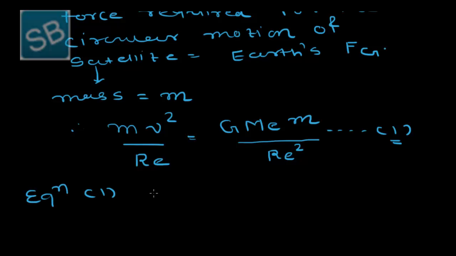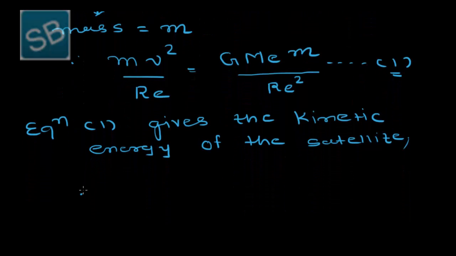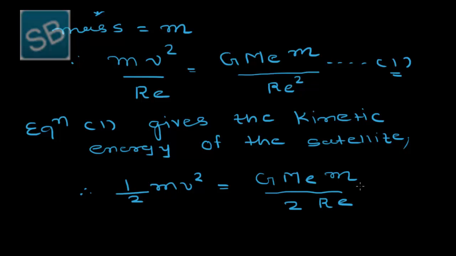So equation 1 gives the kinetic energy of the satellite. Therefore, half mv square is equal to GMe into m divided by twice of Re.